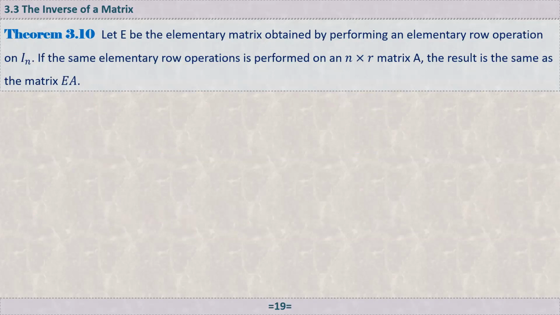If the same elementary row operation is performed on an m by r matrix A, the result is the same as the matrix EA. We have just seen this in examples.